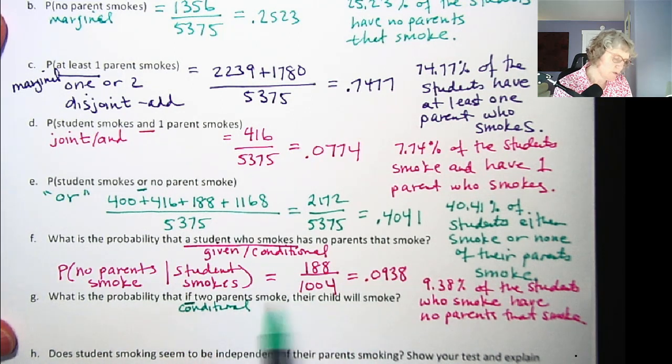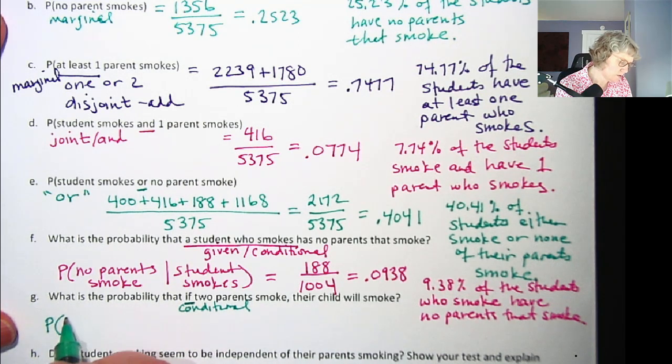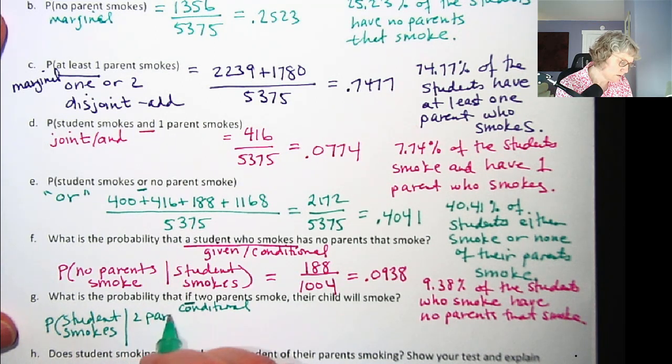If two parents smoke, their child smokes. Okay, so the conditional goes second, the probability goes first. We want to know the probability their child will smoke. So I'm going to say student smokes given two parents smoke.